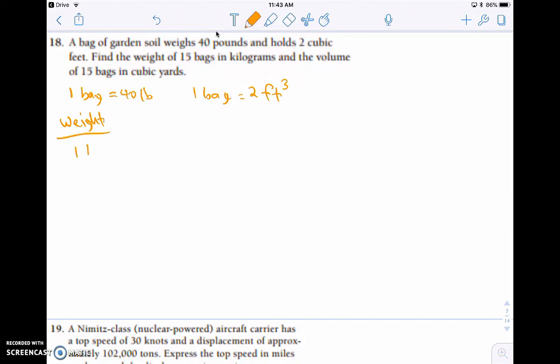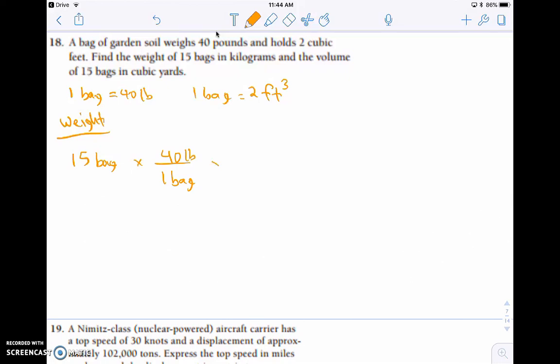So we know that one bag, we are going to first, we want to find 40 bags. So we know that, holy cow, read the problem, 15 bags. Okay, so we're looking at 15 bags, and again, I want to put my bags in the denominator so those cancel. One bag is 40 pounds.